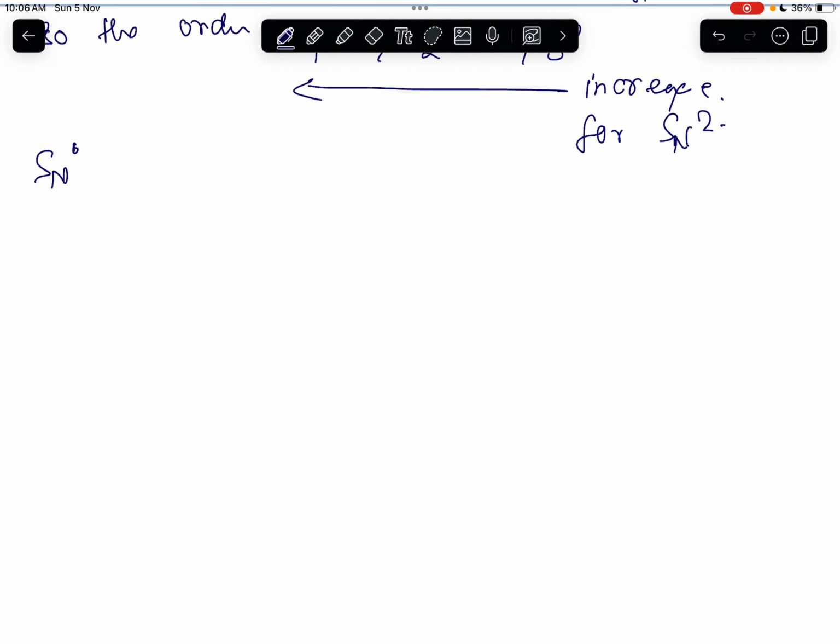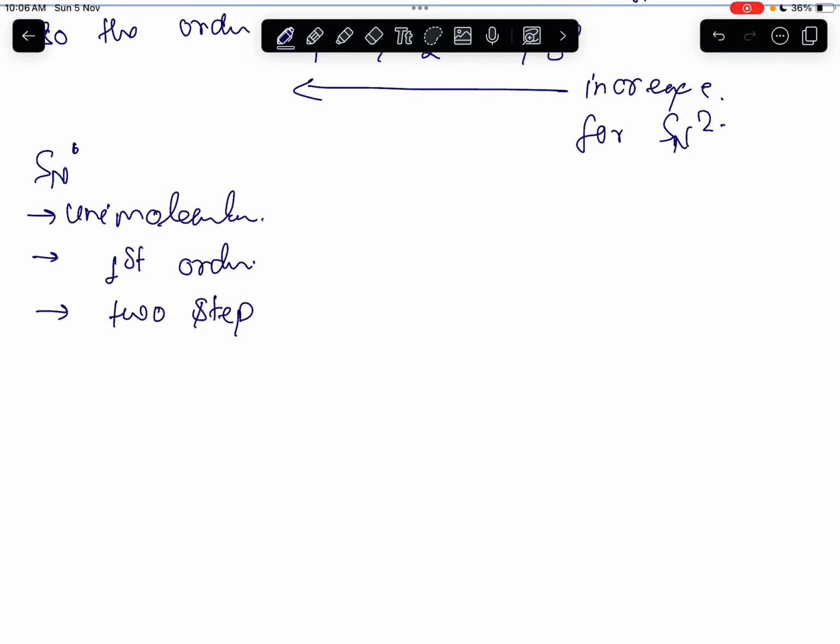Now let's understand SN1. In the case of SN1, it is unimolecular and follows first order kinetics. That means the reaction rate depends on only one species, that is the substrate, and it is a two step reaction. It does not follow one step, and a stable carbocation is generated.